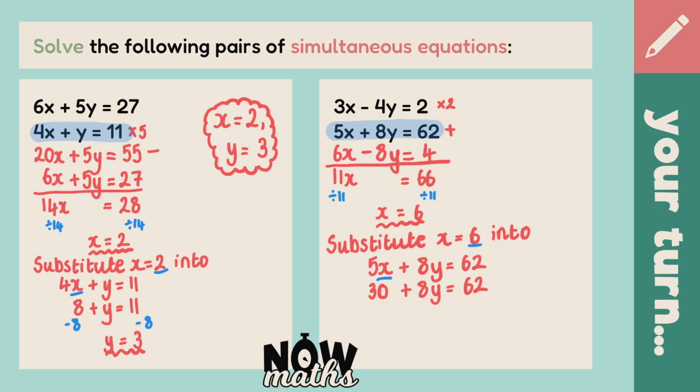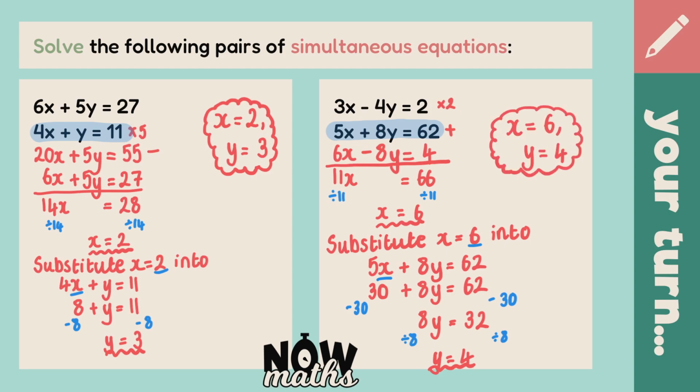And then we solve by subtracting 30 from each side to give us 8y equals 32. And then dividing by 8 gives us that y equals 4. So our final answer is that x equals 6 and y equals 4.